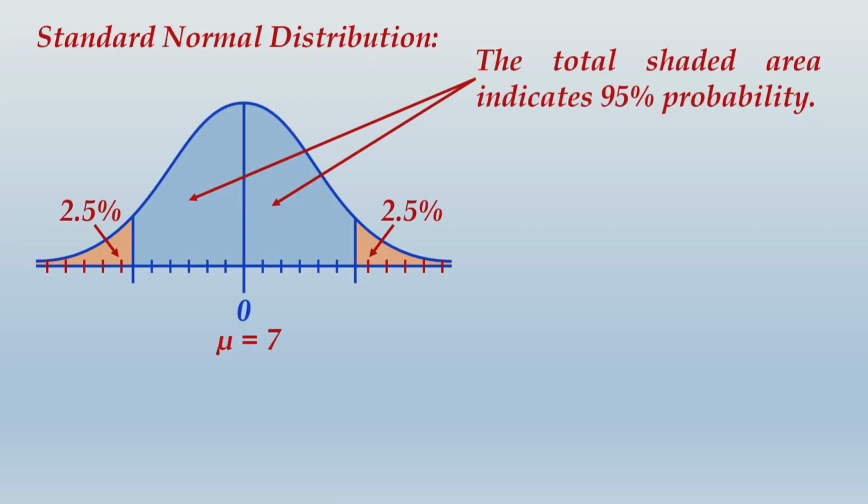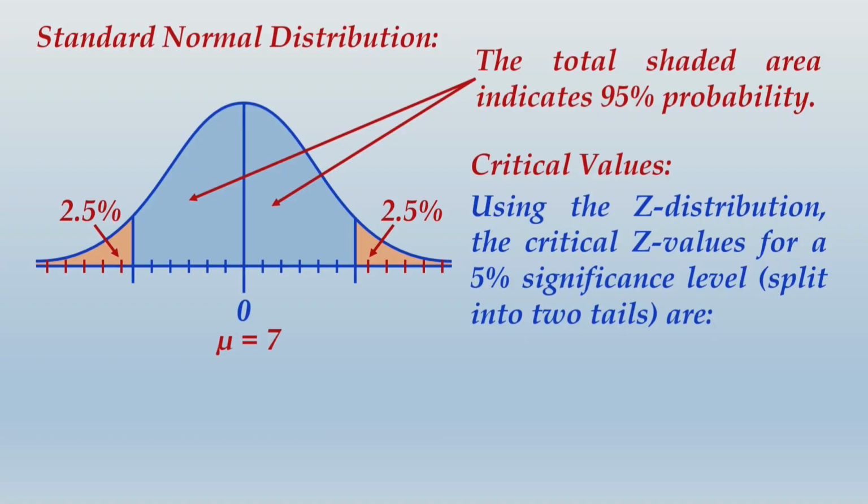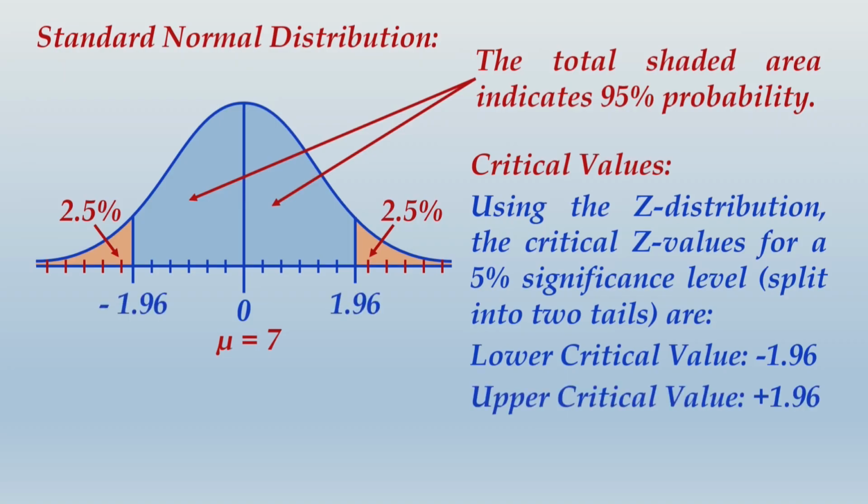So what we have concluded from the Z table is that the critical Z values for a 5% significance level that is split into two tails are lower critical value negative 1.96 and upper critical value positive 1.96.